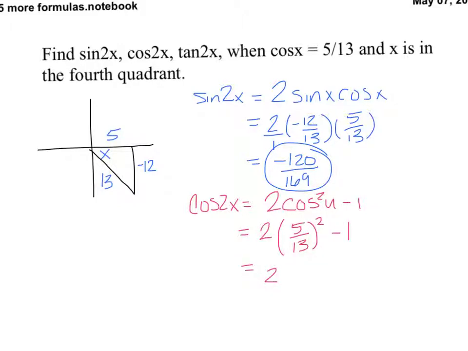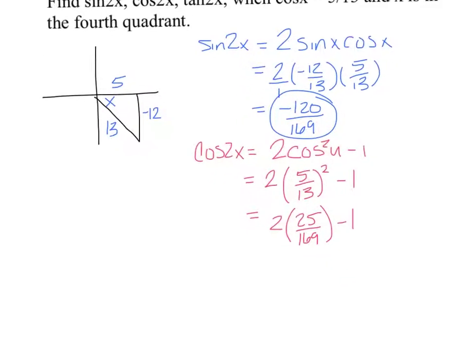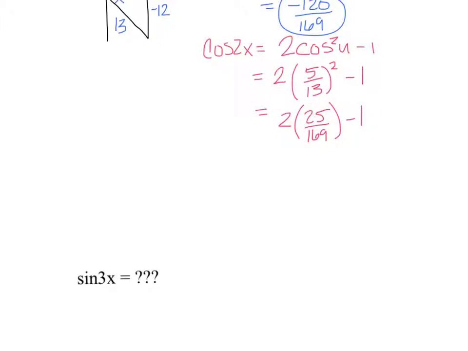So then we get 2 times 25 over 169 minus 1. And so then this is 2 over 1, so I get 50 over 169 minus 169 over 169, get a common denominator, and we get a negative 119 over 169.